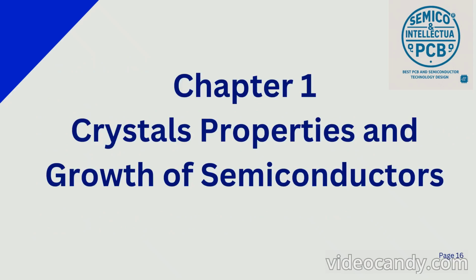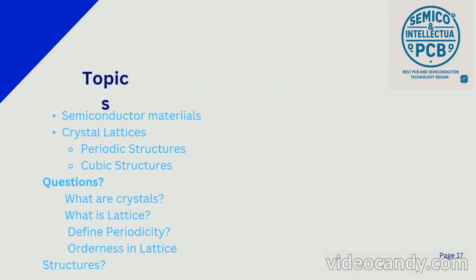Starting a new chapter, chapter number 1, Introduction to Crystal Properties and Growth of Semiconductor Materials. The key topics that we are going to study in this lecture related to this chapter are semiconductor materials, what a crystal is, what periodicity is, and what cubic or diamond structures are, which we are going to see in our upcoming lectures as well.